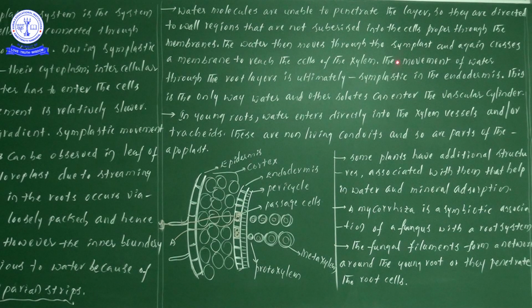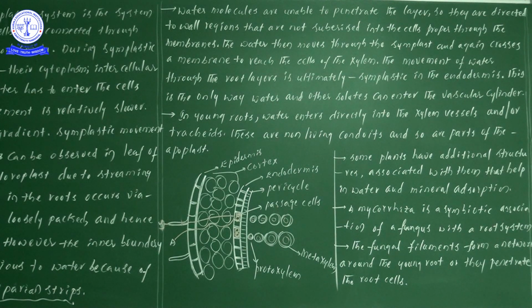Normal specialized parenchymatous cells are there, so definitely we will observe the presence of cytoplasm. Before the passage cells, two types of pathways are there: one is apoplast and one more is symplast. But at the passage cells, only one way is there, that is the symplastic pathway.